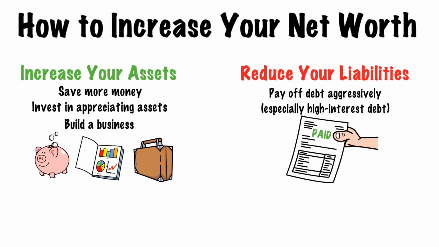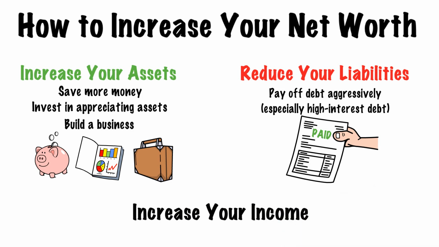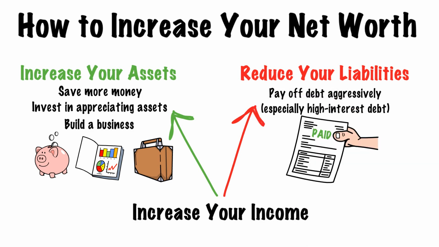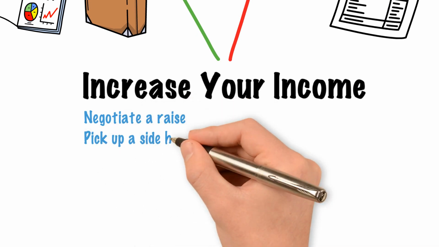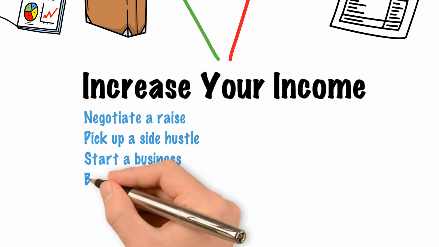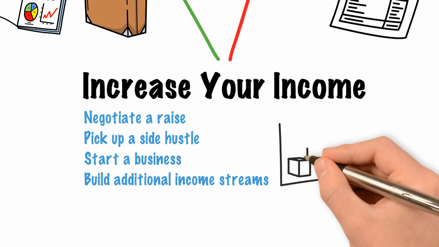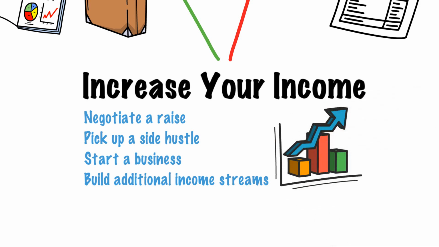Now, of course, one of the biggest levers you can pull to grow your net worth faster is increasing your income. More cash flow means you can invest more, pay down debt faster, and build your financial foundation faster. Whether that comes from negotiating a raise, picking up a side hustle, starting a business, or building out additional income streams, increasing your earnings gives you more flexibility and accelerates the process of growing your wealth.